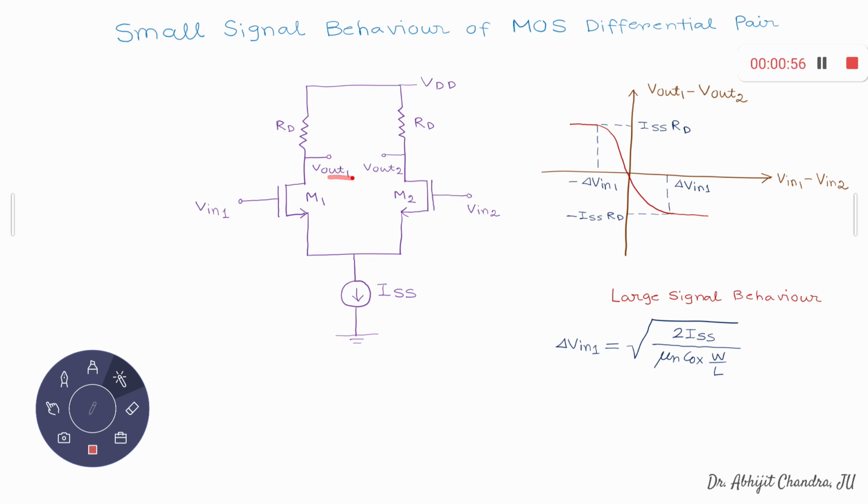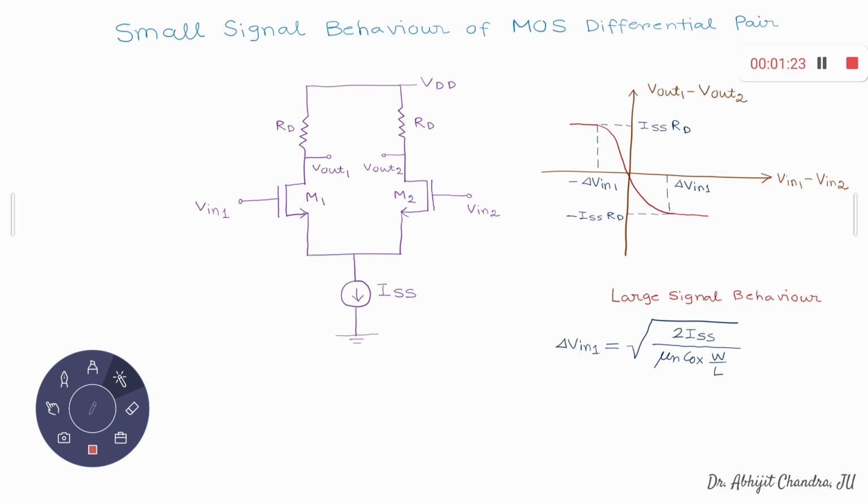V out 1 is equal to VDD minus ISS RT, and V out 2 is equal to simply VDD, because there is no current flowing through the right hand side resistor RT. Therefore V out 1 minus V out 2 is equal to minus ISS RT.